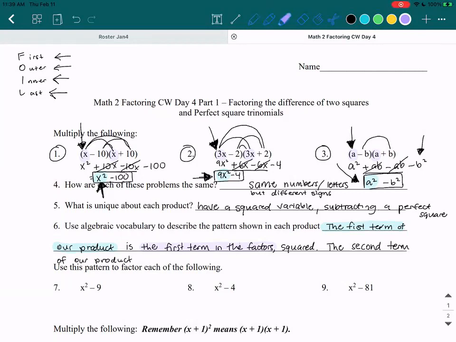I'm going to highlight that in yellow. That's this number, so like the 100, the 4, and the b squared. So that's what I mean by the second term of our product, is the second term in the factors.